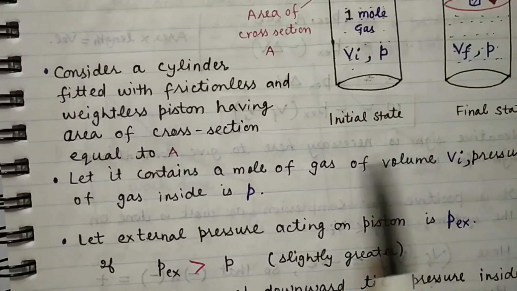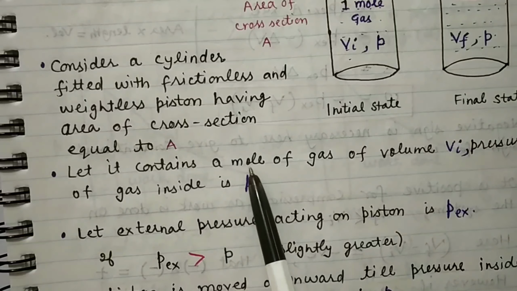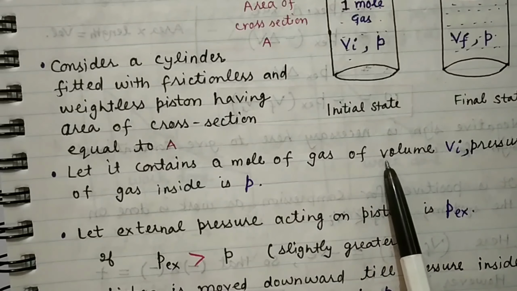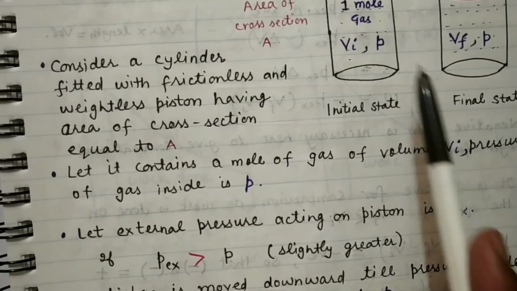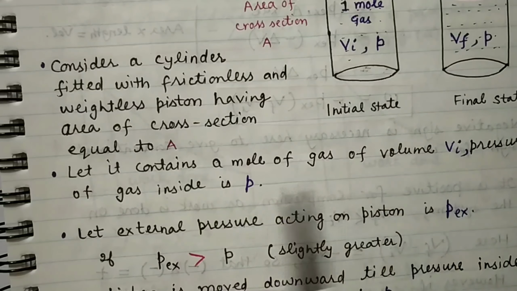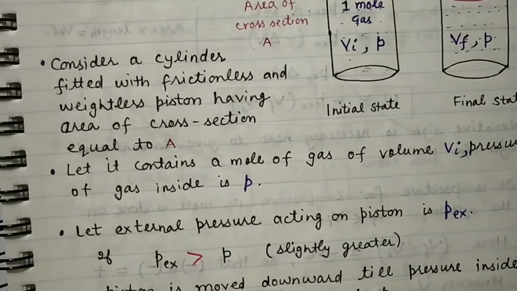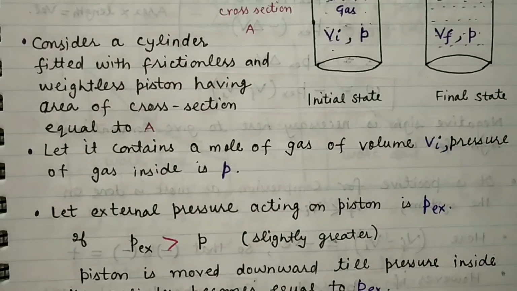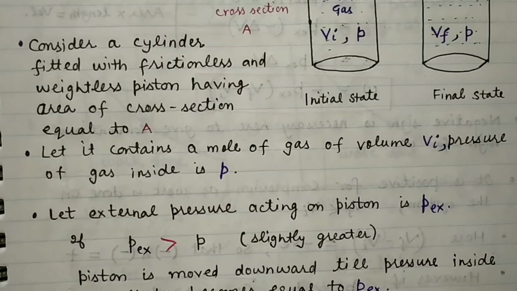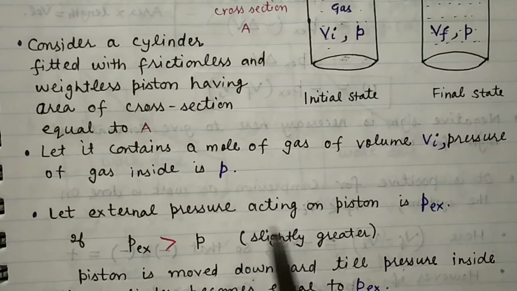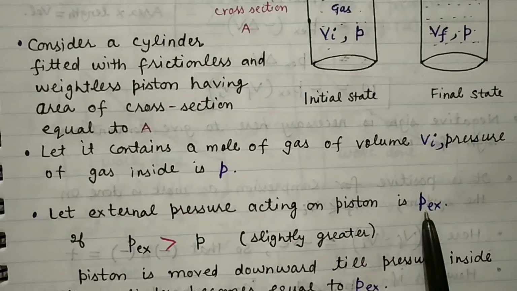So here let it contain 1 mole of a gas having volume Vi in the initial state, as we have discussed. The pressure of the gas inside is P, the internal pressure of the gas. Let the external pressure acting on the piston be P external.